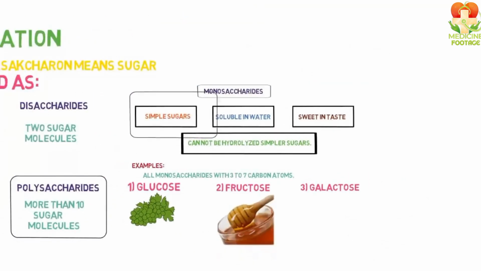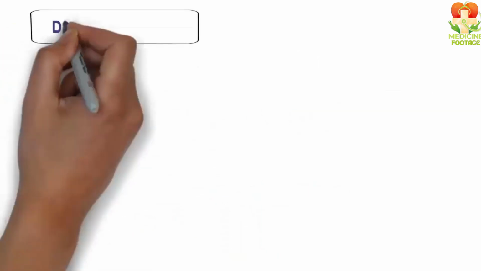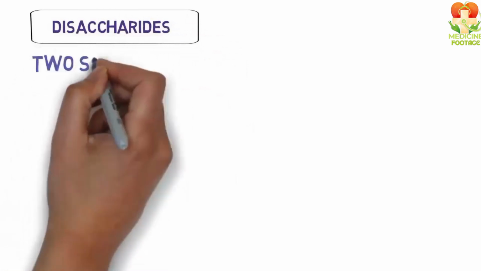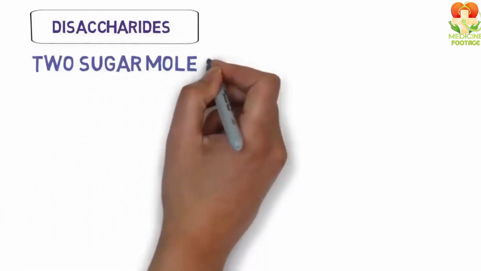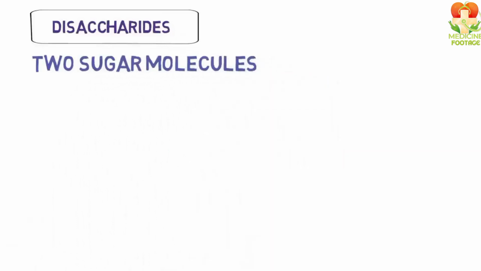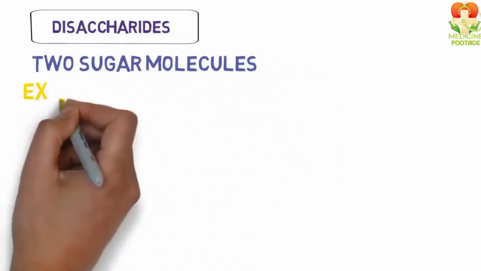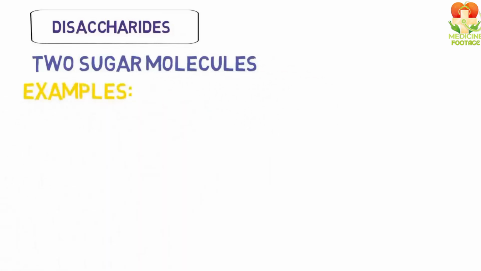Now, let's move on to the second classification, disaccharides. They are made up of two words. Di means two, and saccharide means sugar. Two sugar molecules combine to form a disaccharide. Previously we studied monosaccharides like glucose, fructose, and galactose.